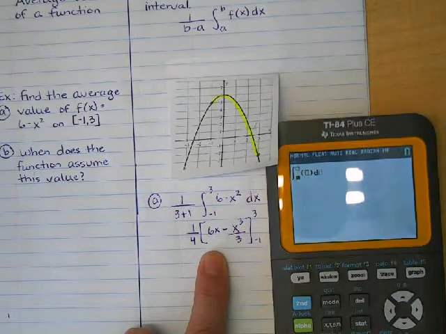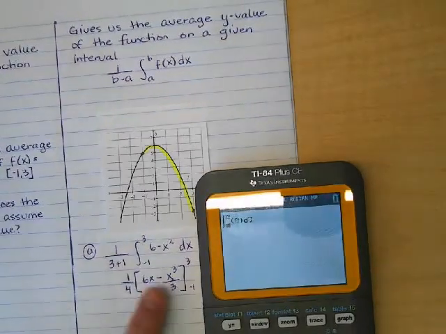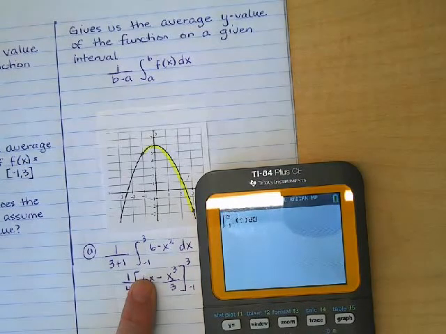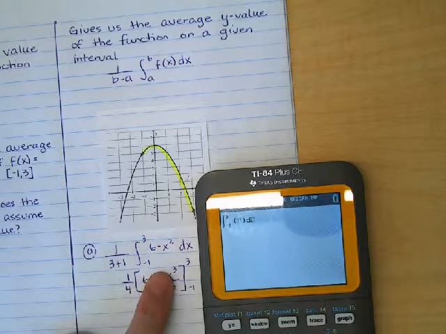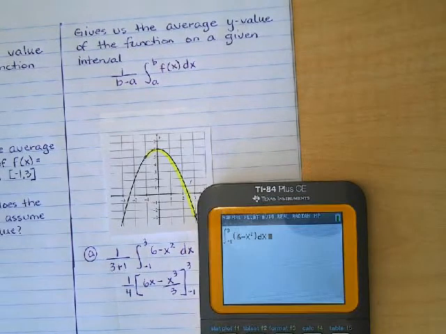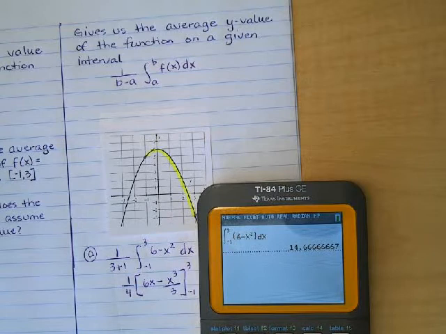Math 9. Nice, huh? I'm going to go from -1 to 3, then 6 minus x squared, and I have to make sure I get a dx. Then we can get the calculator to do this for us.